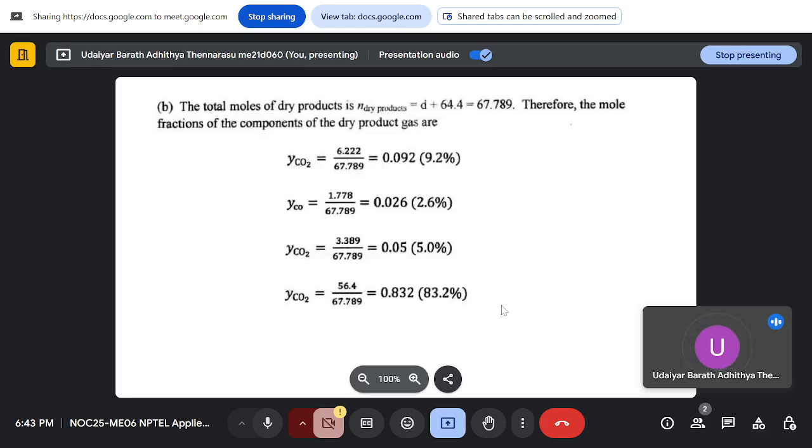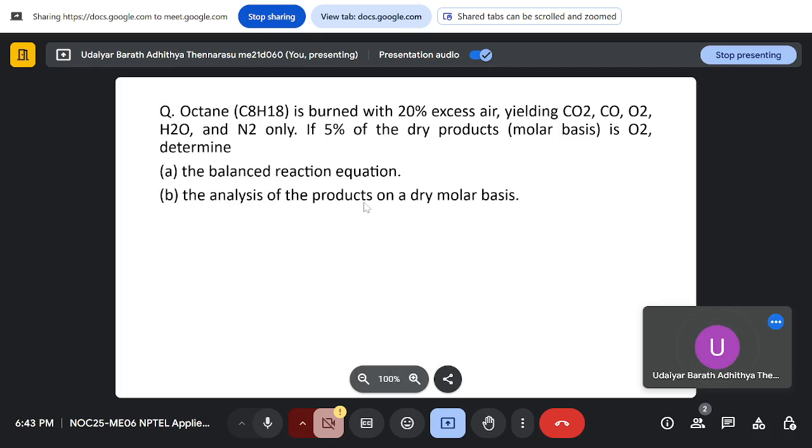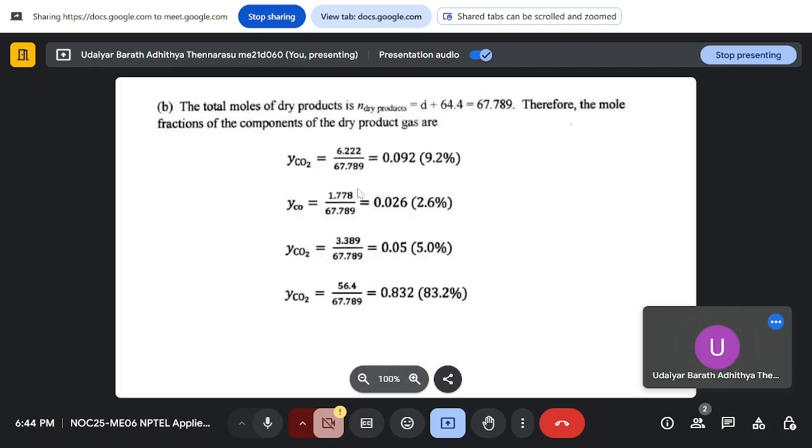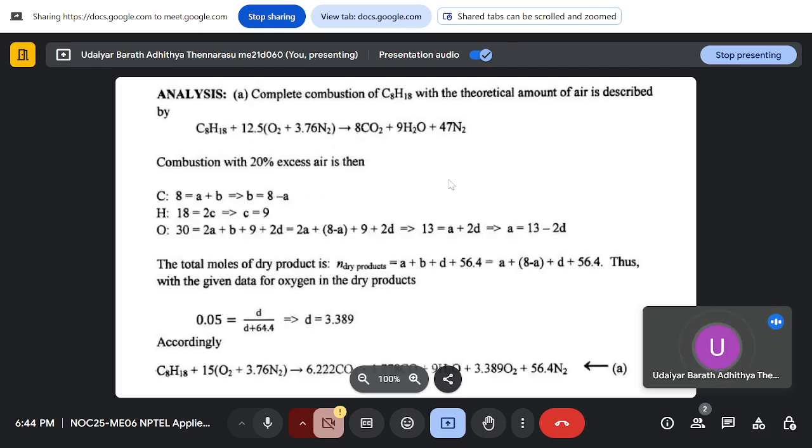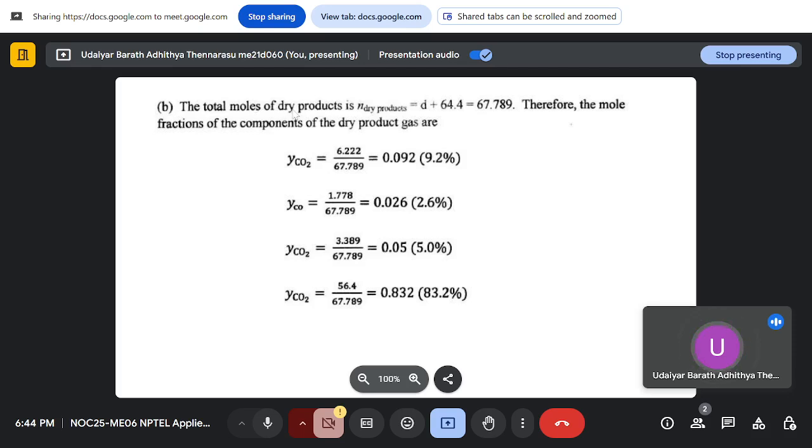Next we need to find the dry molar basis for the products. So we need not consider water in this. The dry product total number of moles is D plus 64.4. Substituting the value of D, 3.389, we get the number of moles of dry product as 67.789 moles.